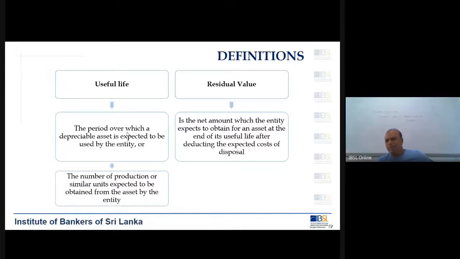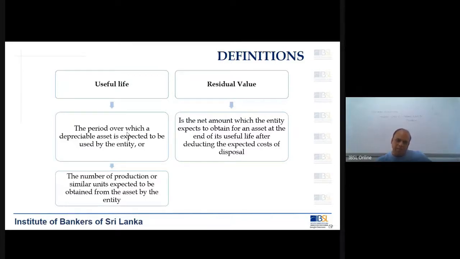Now, this is something not practical because you don't know whether this asset can be used for this long. It is just an estimation. You think that it can be used, but there could be a situation where it cannot be used. Then, if it cannot be used, how can you sell it to somebody else after the number of years specified? So it is very unlikely that you think about a value after the useful life of the asset.